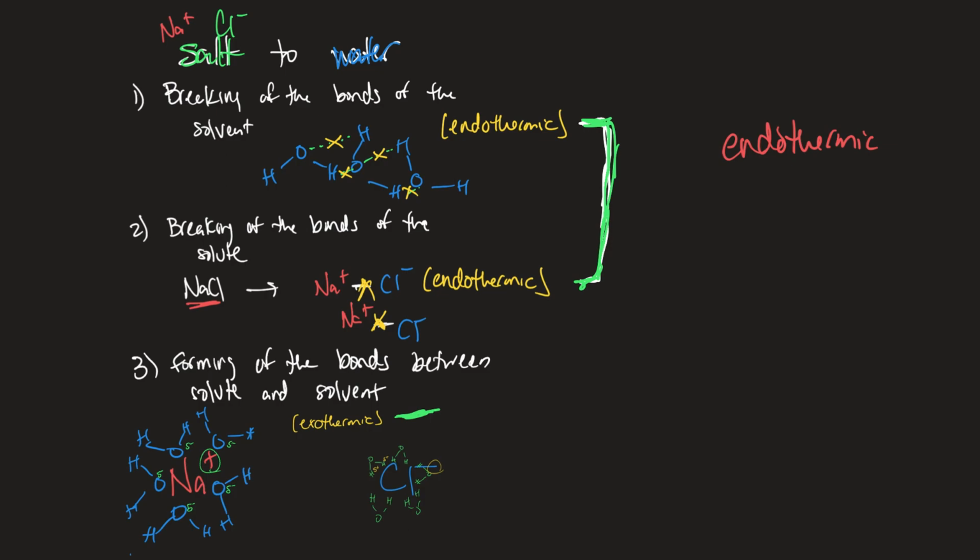But if the amount of energy released during the exothermic portion, the formation of bonds between the solute and the solvent, is greater than these two steps combined, then the overall physical process of dissolving that substance is exothermic. So overall, that means it's going to be releasing energy. And so this is how a solution works.